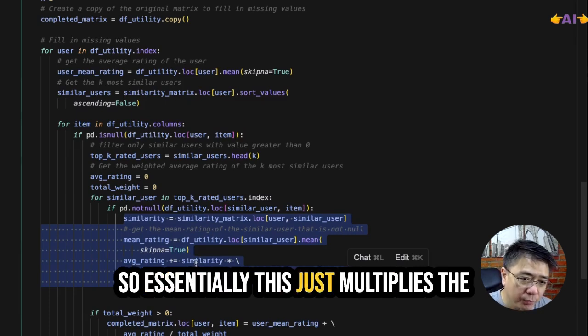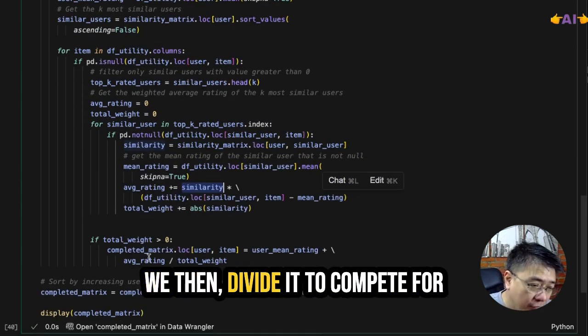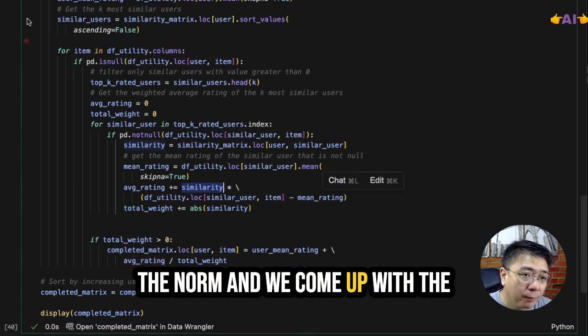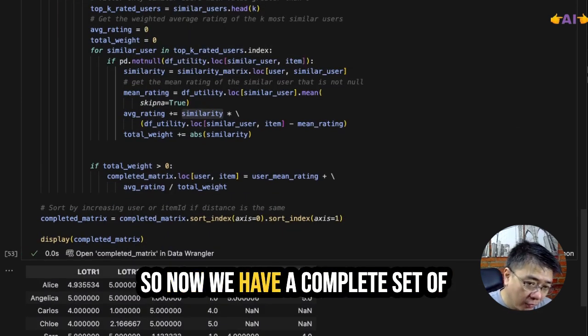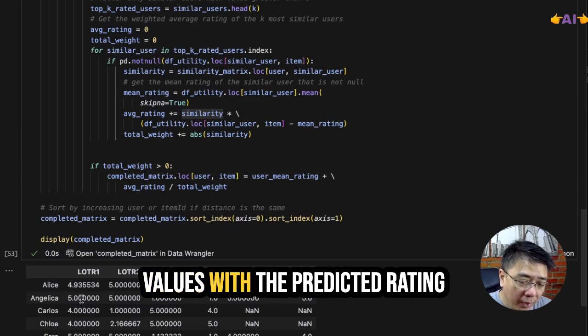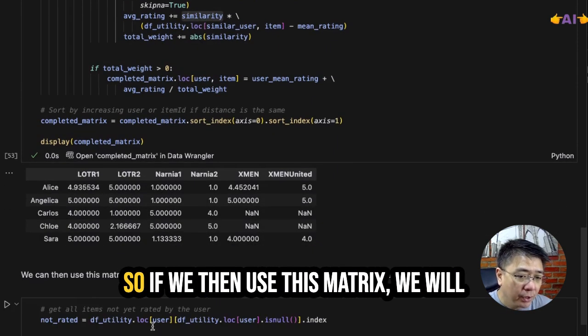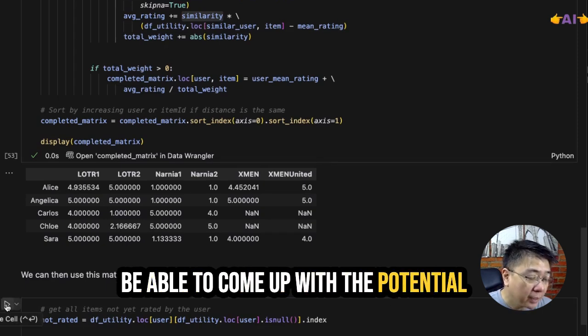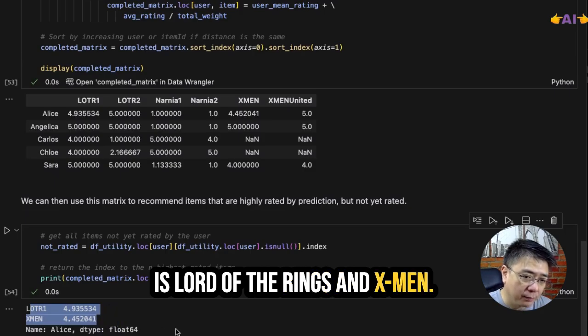So essentially, this just multiplies the similarity with the potential score. We then divide it to compute for the norm, and we come up with the completed matrix similar to here. So now we have a complete set of values with the predicted rating that Alice can give on certain movies. If we then use this matrix, we will be able to come up with the potential movies to recommend to Alice, which is Lord of the Rings and X-Men.